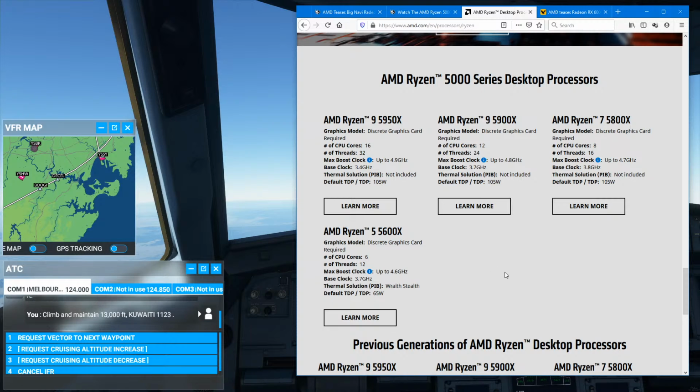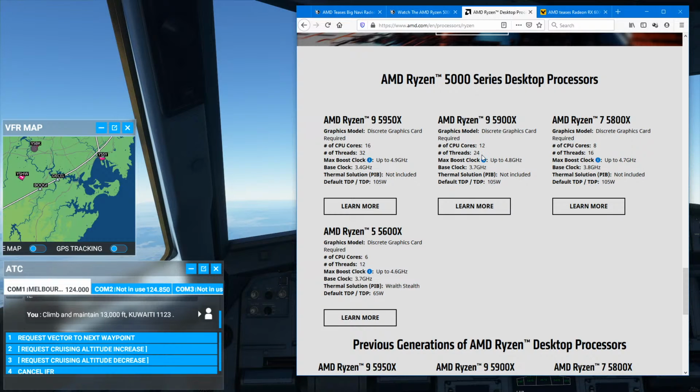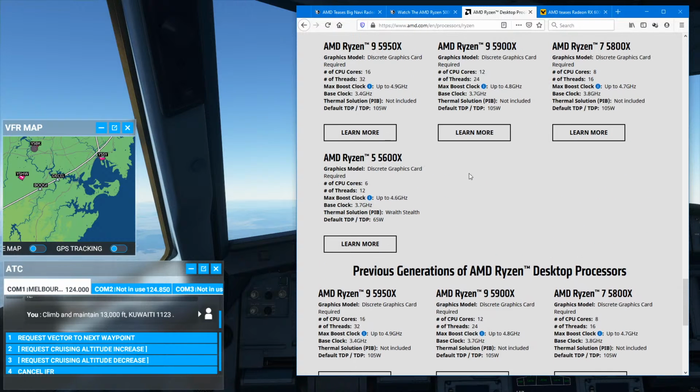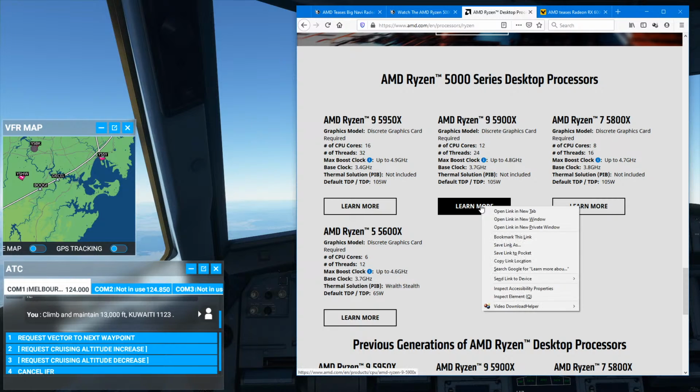Let's take this example compared to the previous generation. 12 cores, 24 threads, 4.8 boost, 3.7 base, TDP 105 watts. Same thing here, 12, 24, 4.8. It's just that the improvement is in the single core performance, as they say.